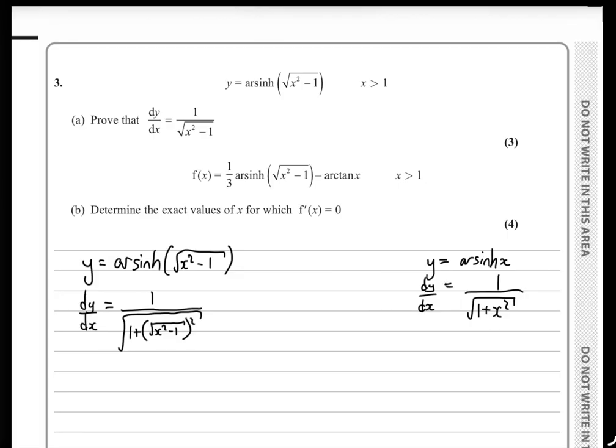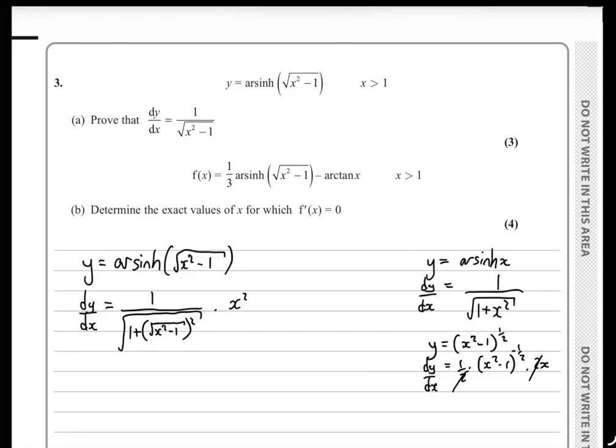And then I need to remember to multiply by the derivative of x squared minus 1 to the half, and that differentiates to a half x squared minus 1 to the minus a half times by 2x. So I cancel those and drop the rest of it over here.